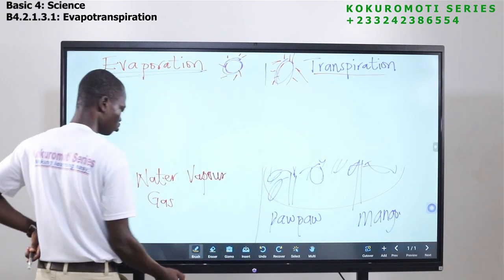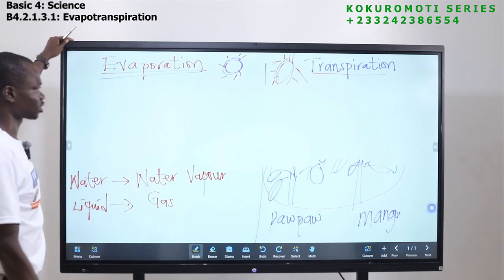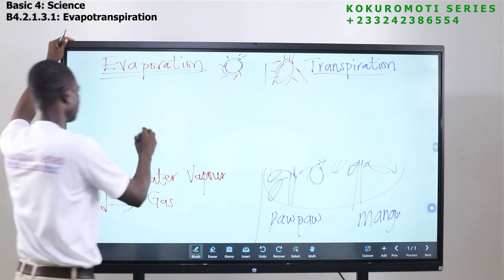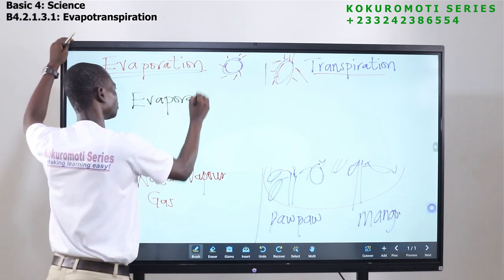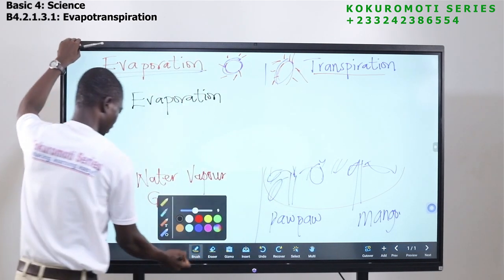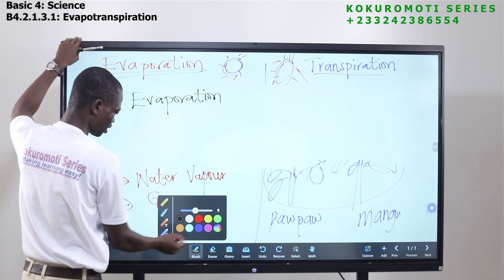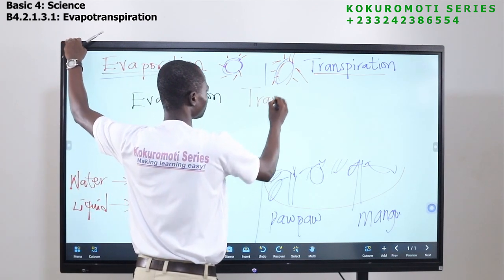We have learned two terms, or two processes. One is evaporation. The next one is transpiration. Can you see?